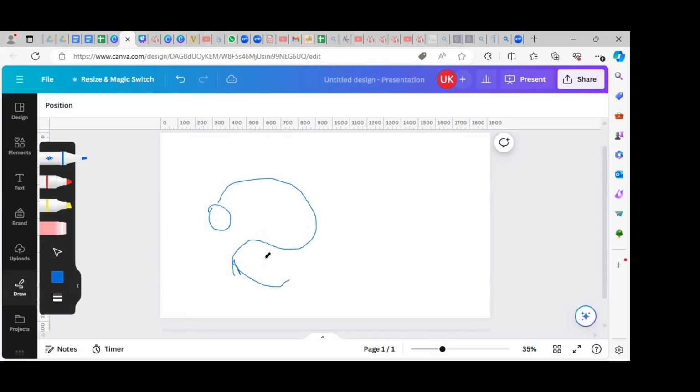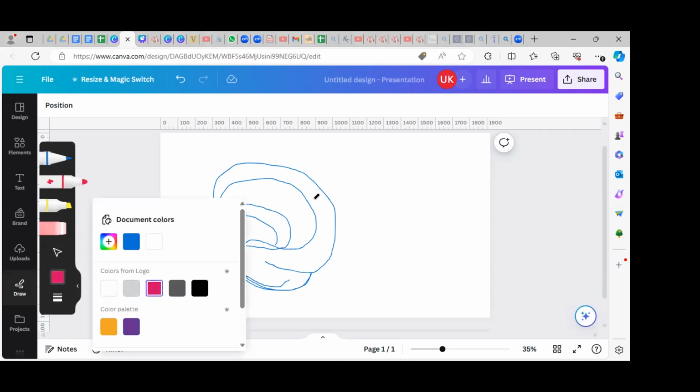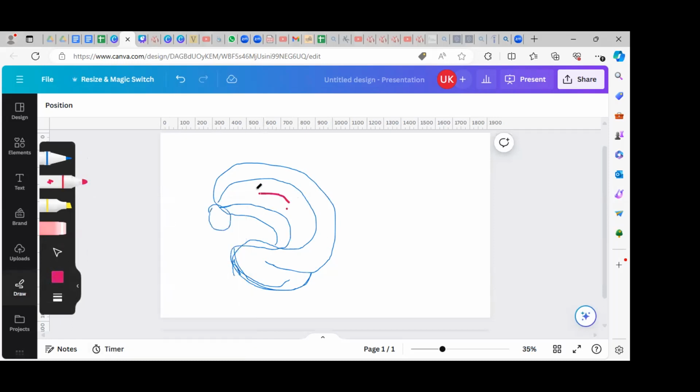Okay, let us say, I don't have a stylus. Please pardon my drawing here, but this is only for the concept, right? Okay.